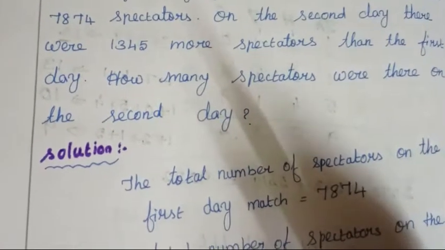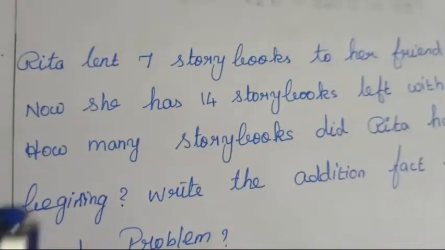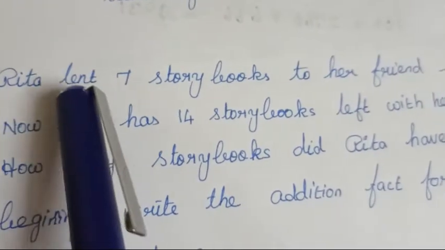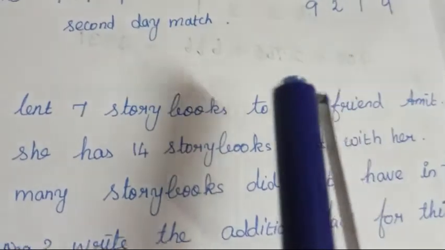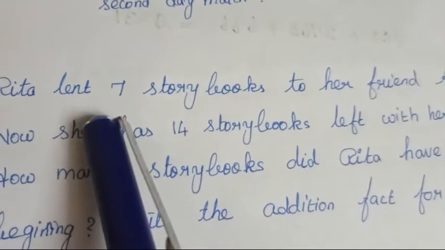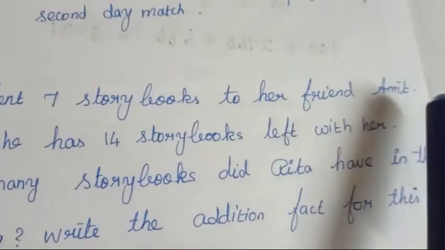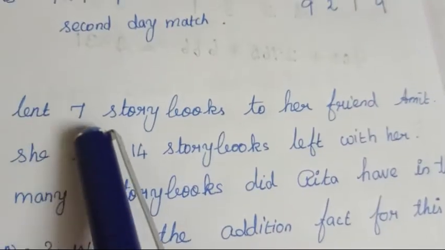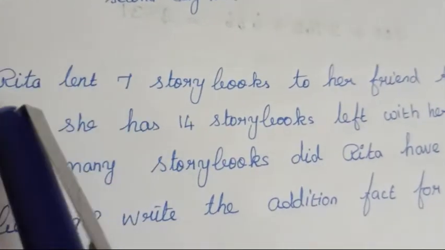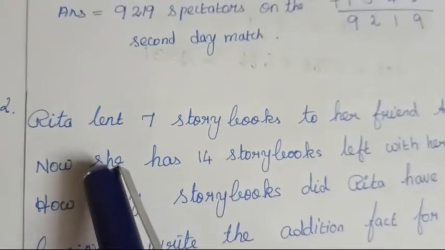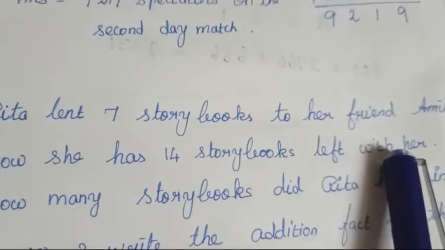Okay, children. Now let's see one more example. Now the second question is: Rita lent 7 story books to her friend Amit. The number of story books Rita lent to her friend is 7. Then now she has 14 story books left with her.